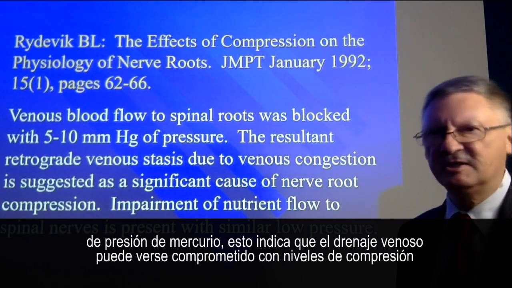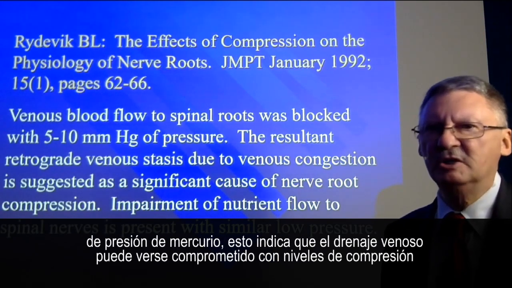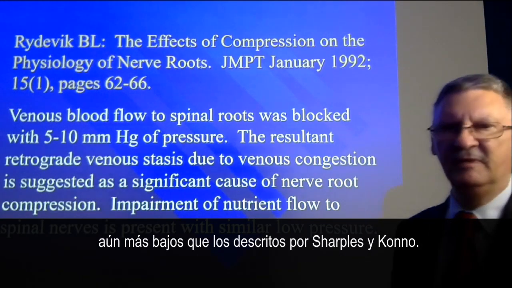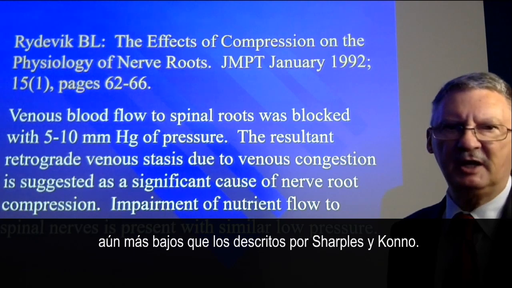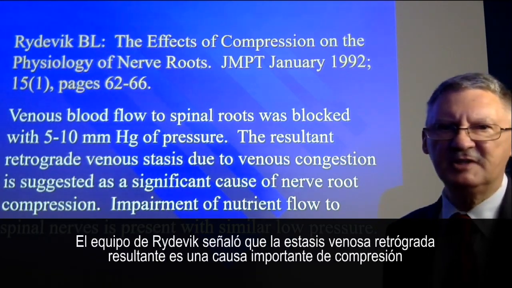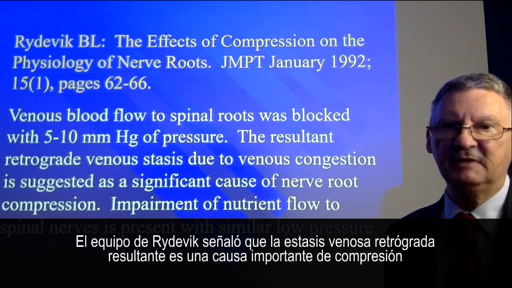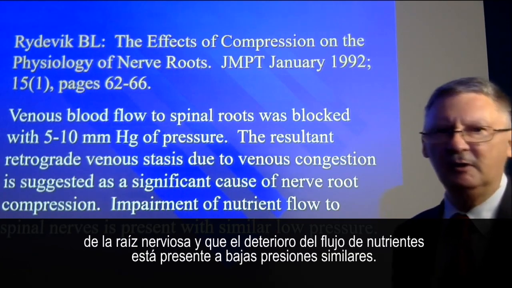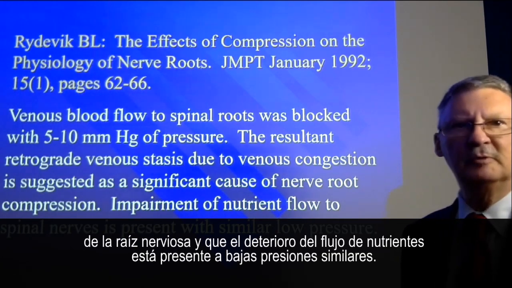So this indicates that the venous drainage can be compromised with even lower levels of compression than those described by Sharpless and Kano. Radovic's team noted that the resultant retrograde venous stasis is a significant cause of nerve root compression, and that impairment to nutrient flow is present at similar low pressures.